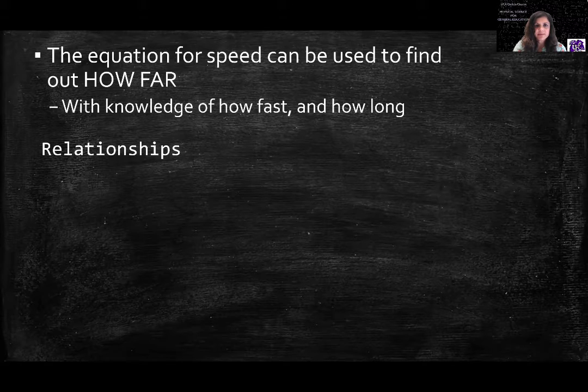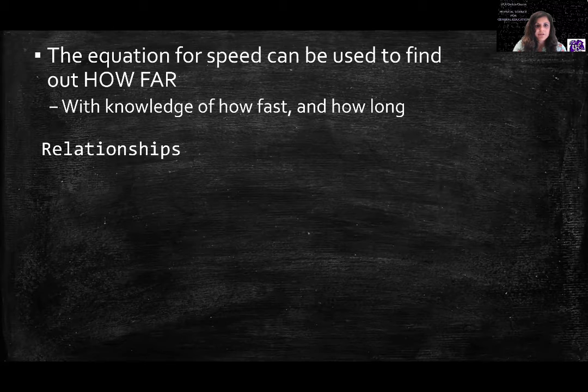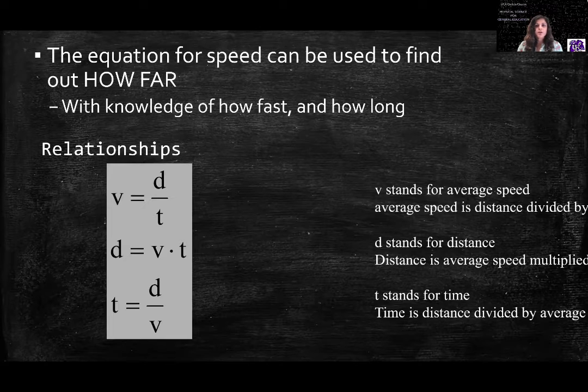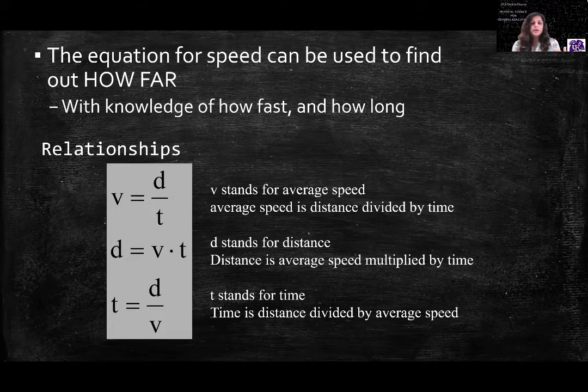Let us move on to look at the relationship. So far we've talked about our speed or velocity, average speed or average velocity is distance divided by time. When we're working with these equations, we can rearrange the equations so that we can get the thing we're looking for. For example, velocity is distance divided by time.